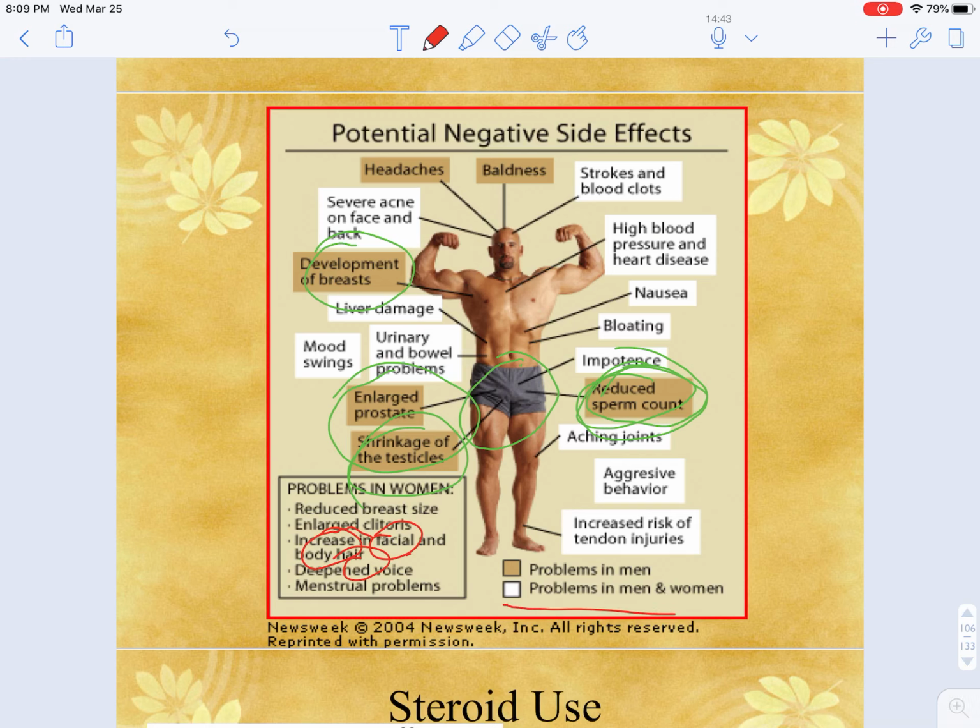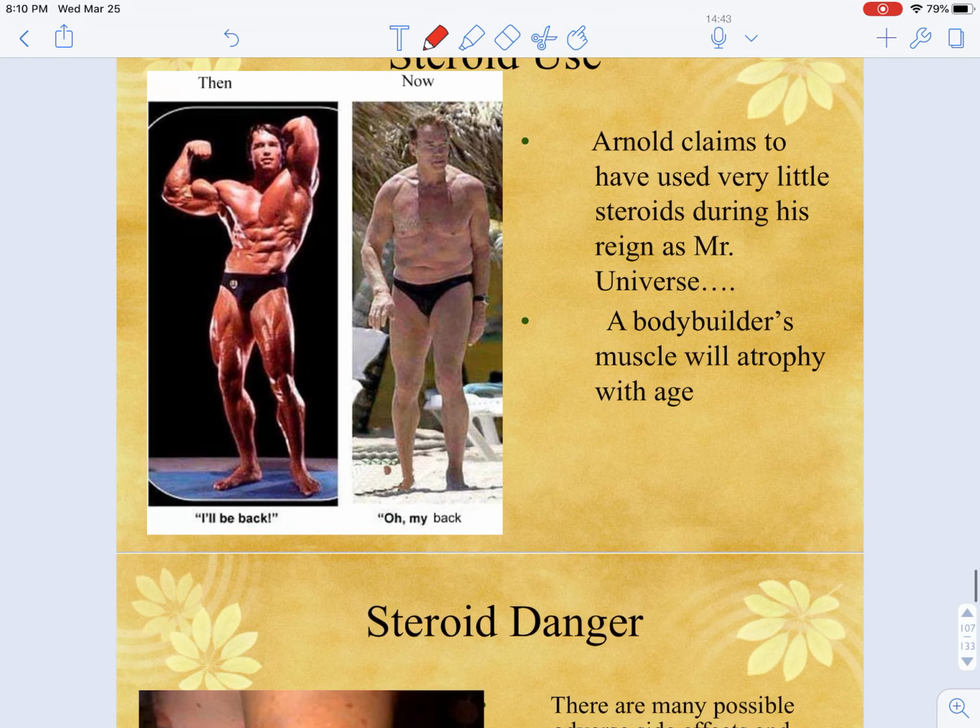Now, in the white section, it shows you what kinds of things are happening with other body organs when there's such an unnaturally high amount of hormones. So things like strokes that affect the brain, high blood pressure, aggression, impotence, and liver damage. Alrighty.